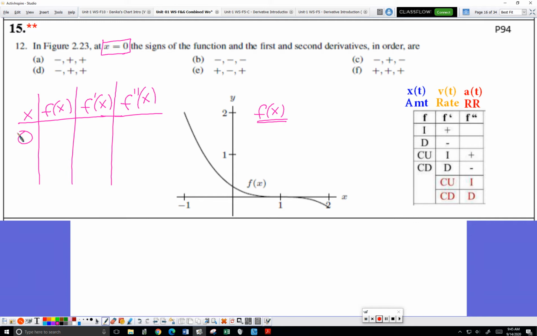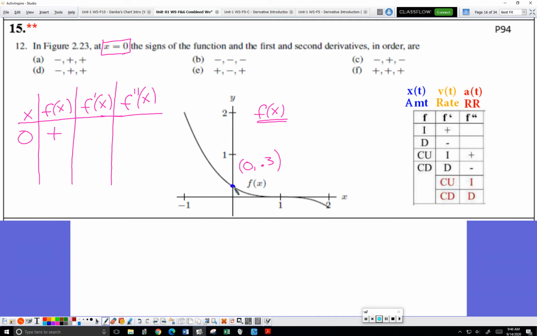Because this is a graph of f, I go to x equals 0 right there. I note that's x equals 0, y equal about 0.3. That's definitely a positive y-coordinate. Done. Questions? Now I look at the tangent slope of f, because the tangent slope of f is the y-coordinate on f prime.